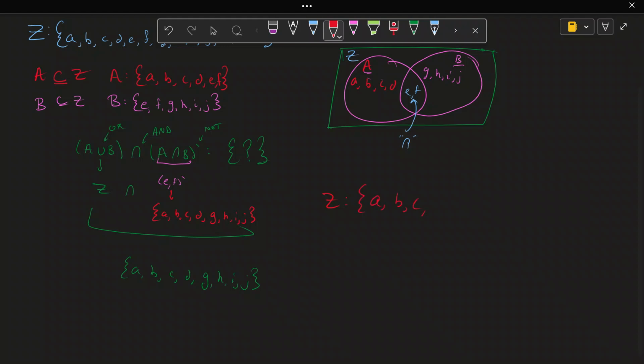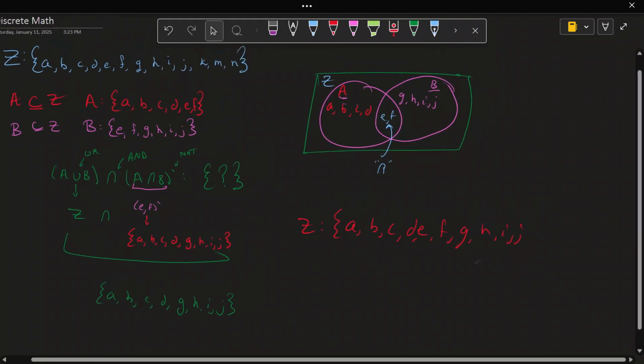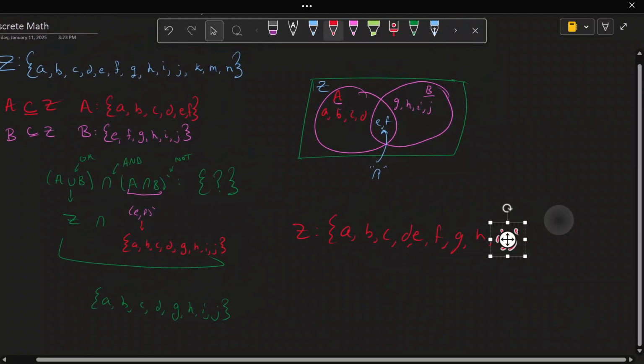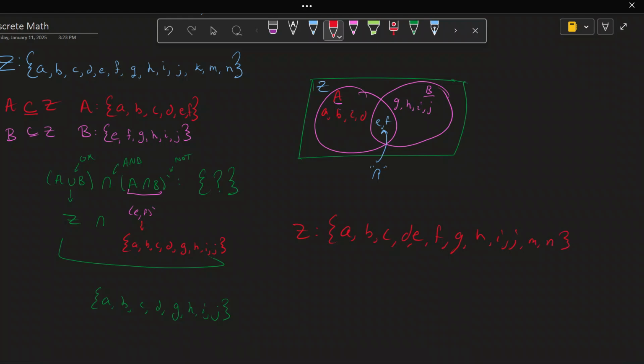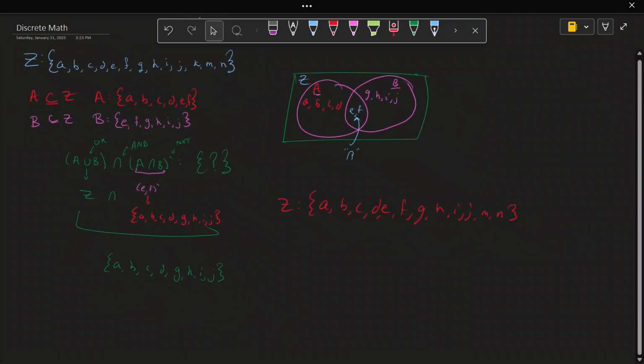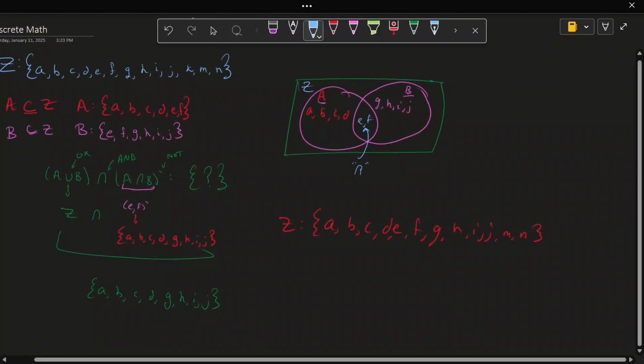A, B, C, M, and N. I guess we should put M and N up over somewhere, like M in here, M in there, and K.